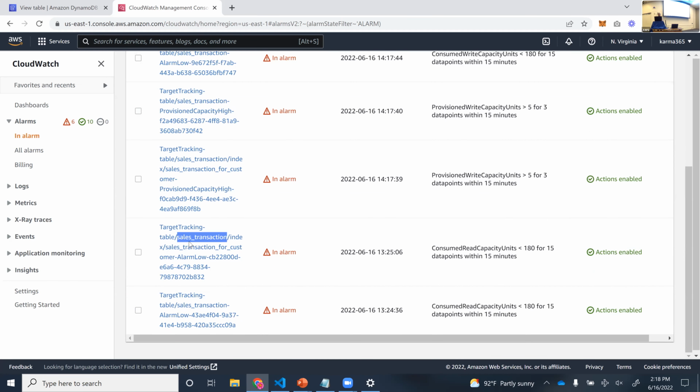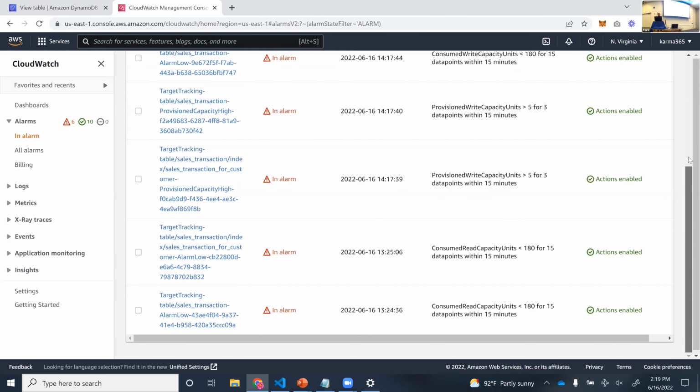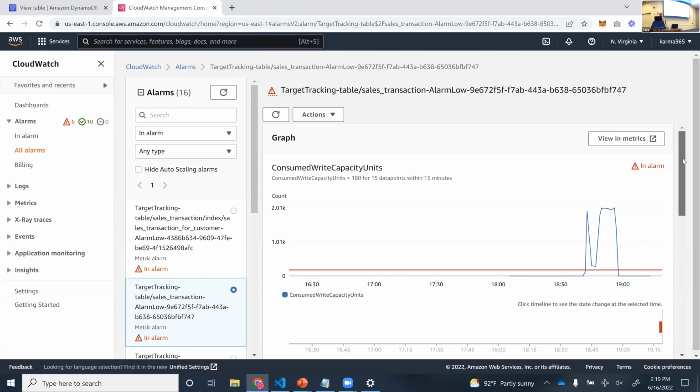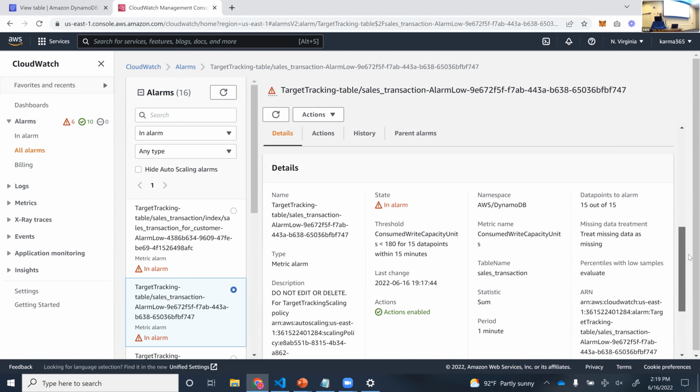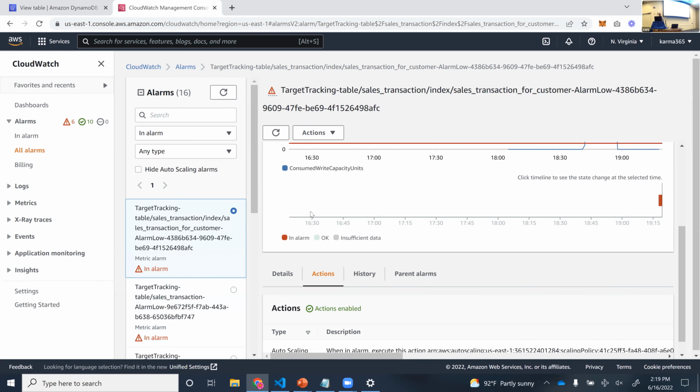If we look at any of these alarms, let's look at the last one. Look at the action, and you'll see that the auto scaling action has fired. All alarms had some action, so your provisioned capacity will get adjusted.